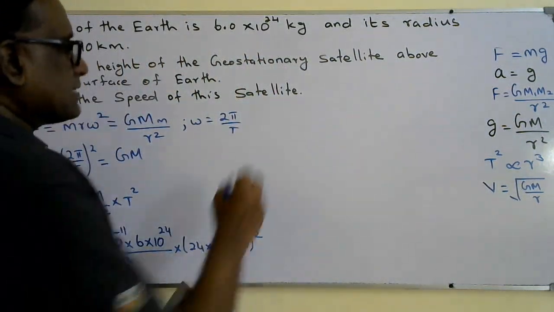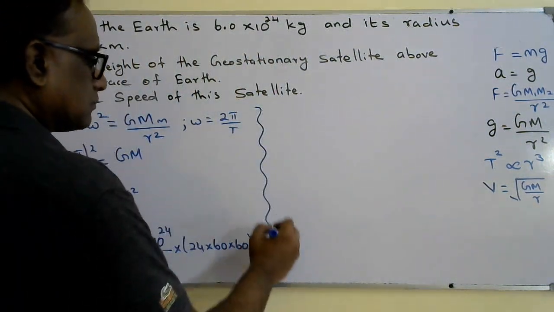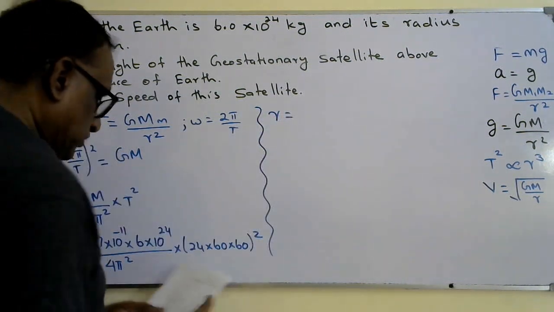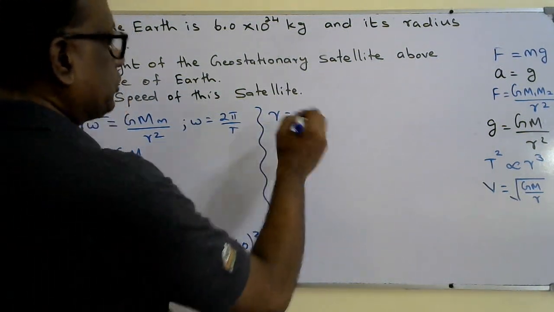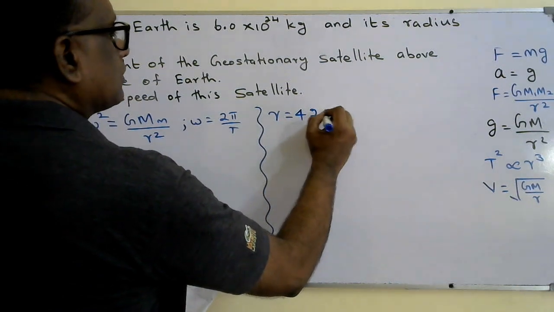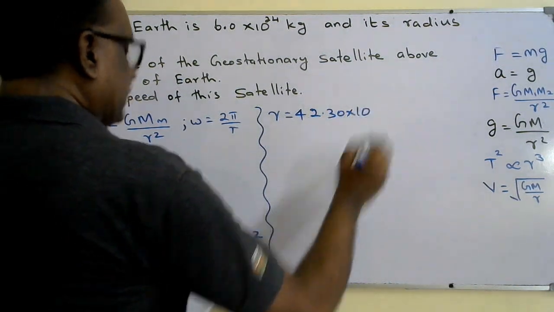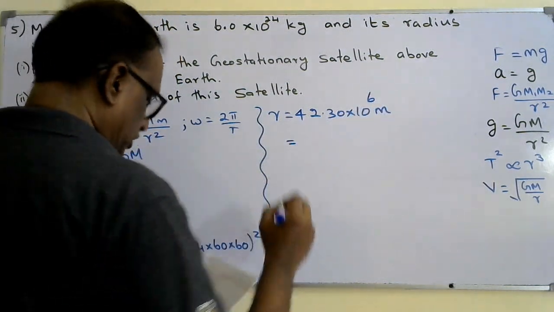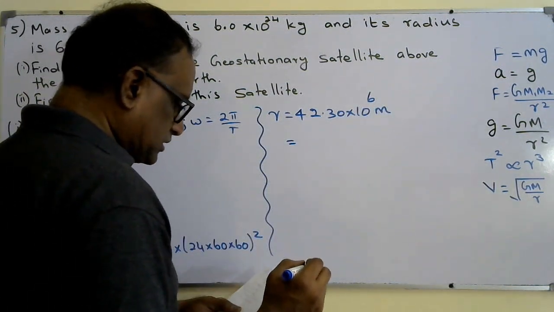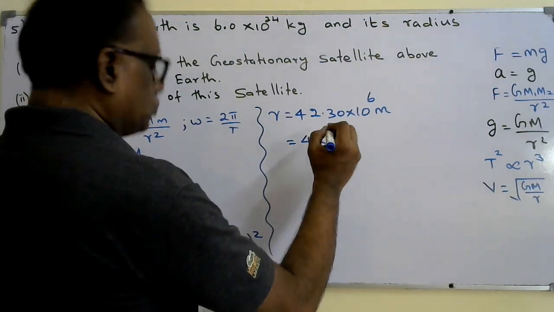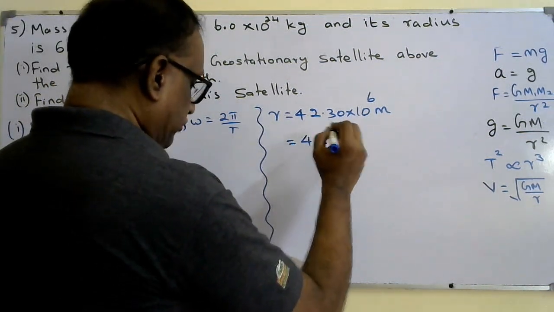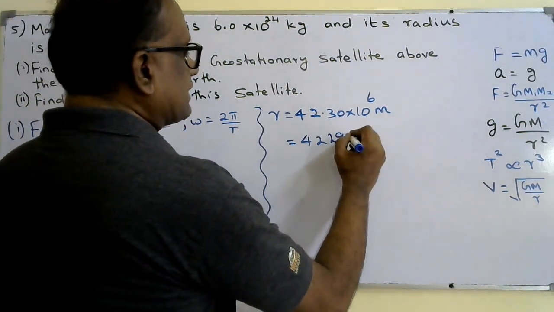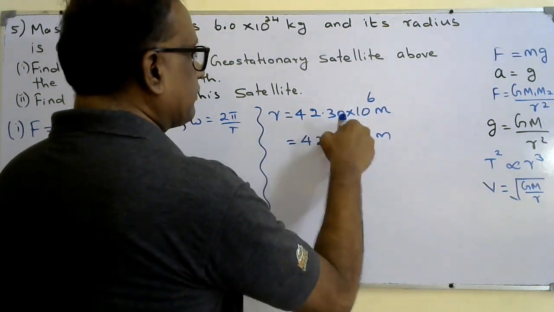So you will get r equal to 42.30 × 10^6 meters. In kilometers, that is going to be 42,297 kilometers, an approximate value.